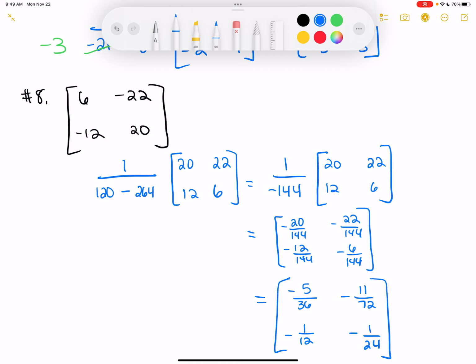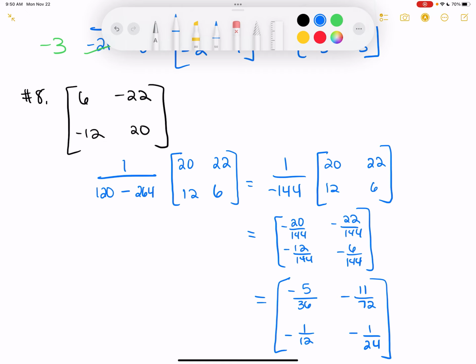Has anyone gotten an answer? I got one. Interesting. I did it wrong. What'd you get? I got -5/36, -11/72, -12, -1/24. I don't know what I did.